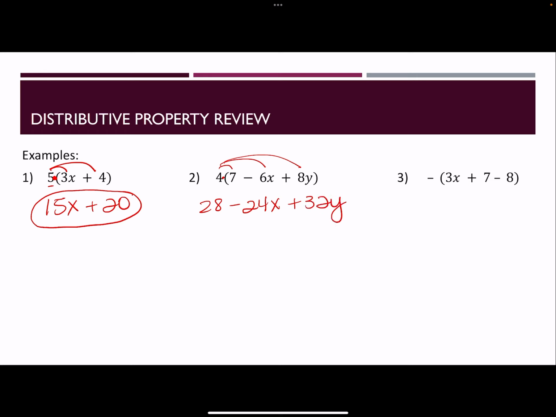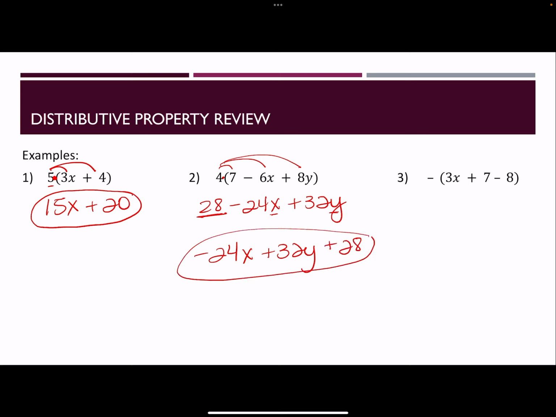Okay, so now I did my distributing, great, but I need to make sure my answer is in standard form. Descending order or alphabetical order is what that means, right? It's not. I need this x term to come first, then the y, and my constant, remember, is always going to come last. So it's negative 24x plus 32y plus 28.